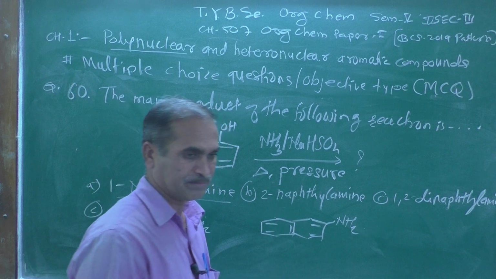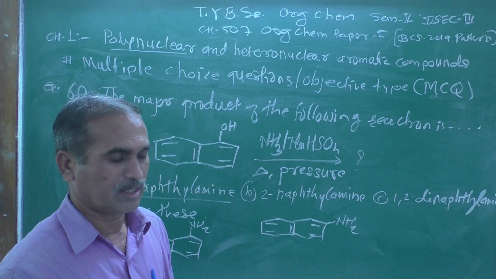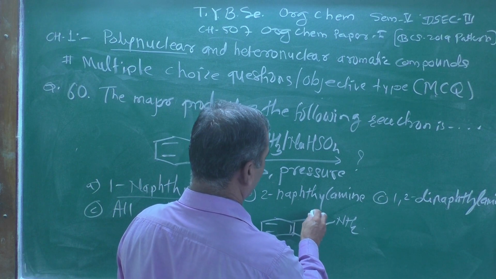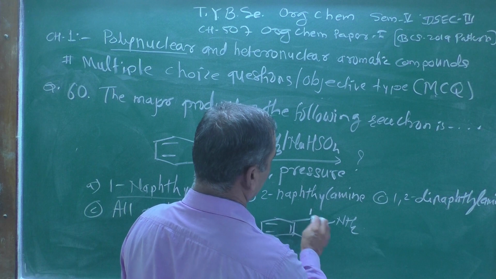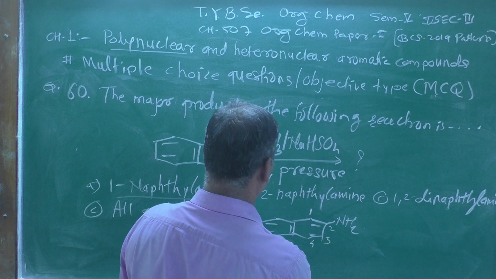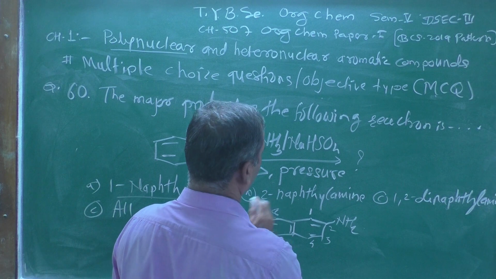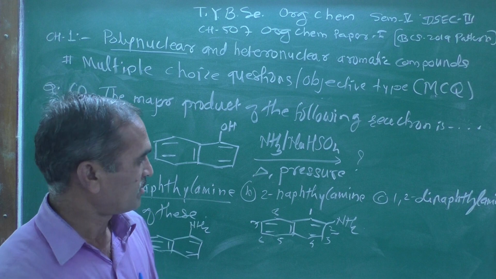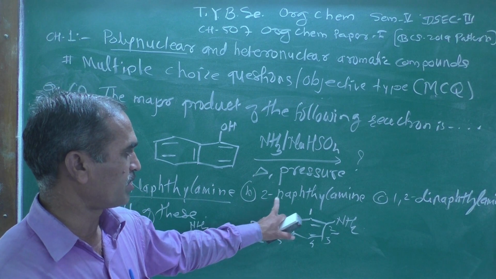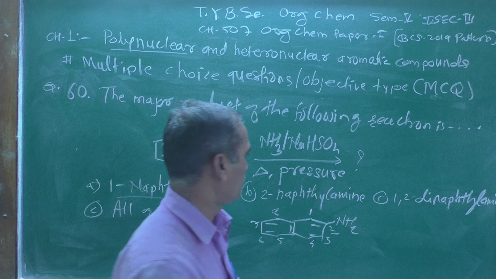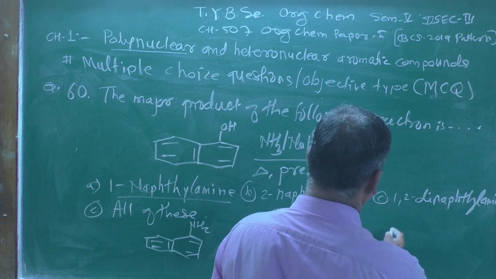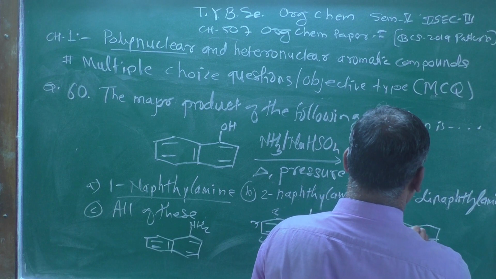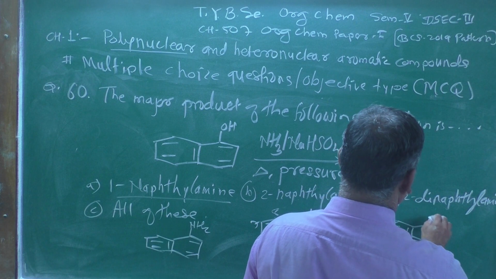If you remember the nomenclature numbering system in the naphthalene, the conventional way of numbering will be this one: 1 2 3 4 5 6 7 8, right? At 2 position an amino group is present, therefore it is known as 2-naphthylamine, and 1,2 position means the structure of 1,2-diaminonaphthalene is this one.